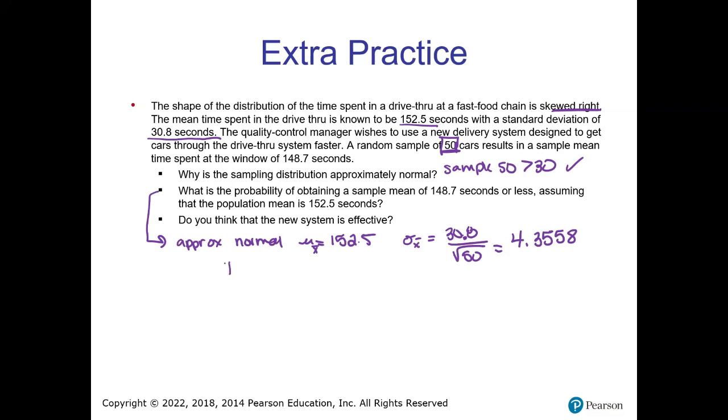Now we need to find that probability of the sample mean. We want to be smaller than 148.7. That's what they're asking me for.